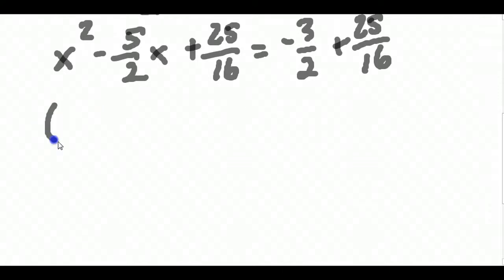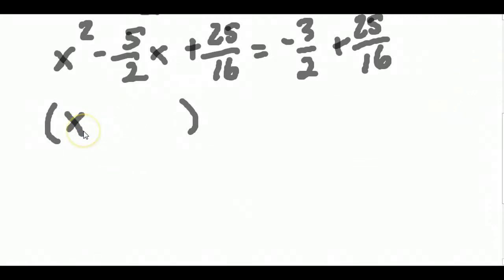Now how would we factor that? What is the factorization of x squared minus 5 halves x plus 25/16, if we know that the square root of 25/16 is 5/4?